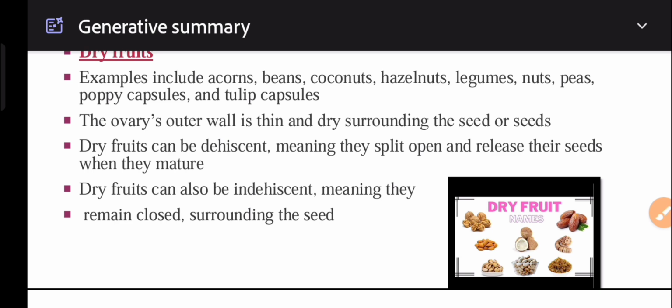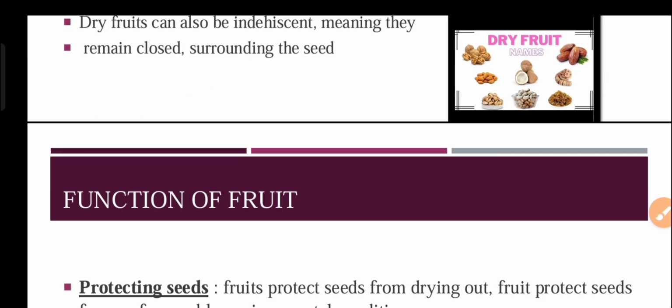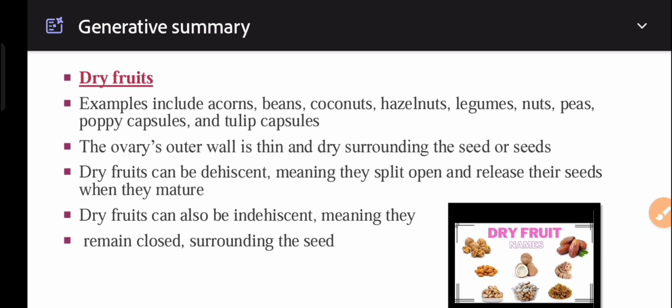Dry fruits can also be indehiscent, meaning they remain closed, surrounding the seed. Examples of dry fruits: coconut, hazelnut, legumes, nut, pea, poppy capsule, pistachio. This is all about dry fruits.